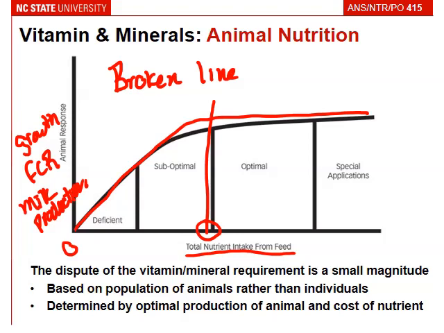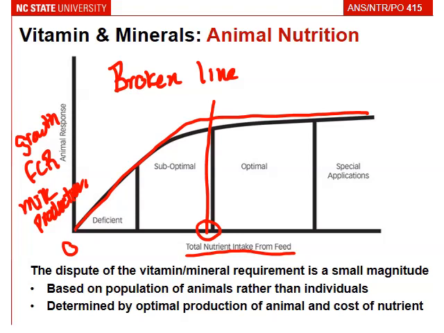So basically, having this nutrient at higher concentrations is not worth the cost because we're not seeing enough increase in our production parameter, which with animal nutrition, that's how we are living. We need to be as efficient as possible.